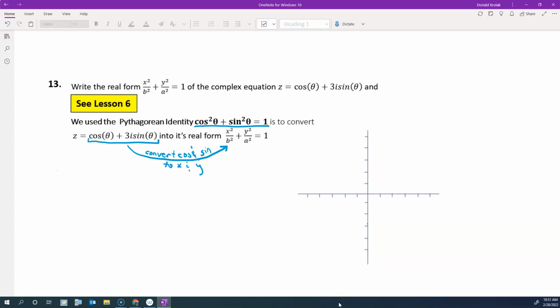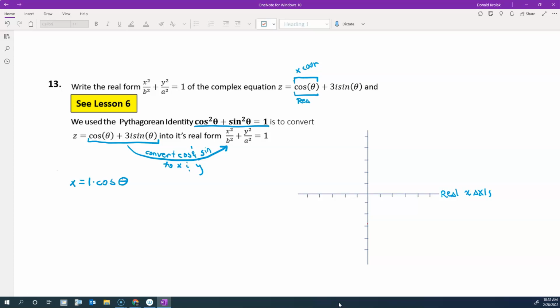The cosine, or the real part, is really the x-coordinate, because this is the real axis, which is also the x-axis. So the x-coordinate is equal to 1 times cosine theta, or just cosine theta.